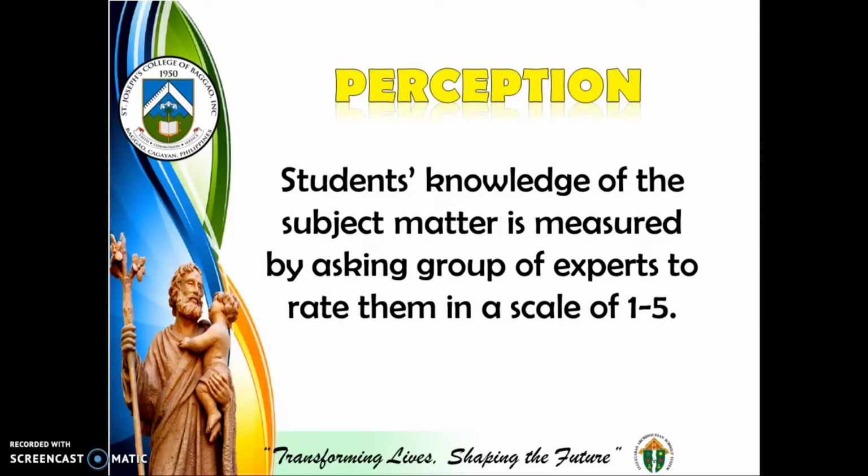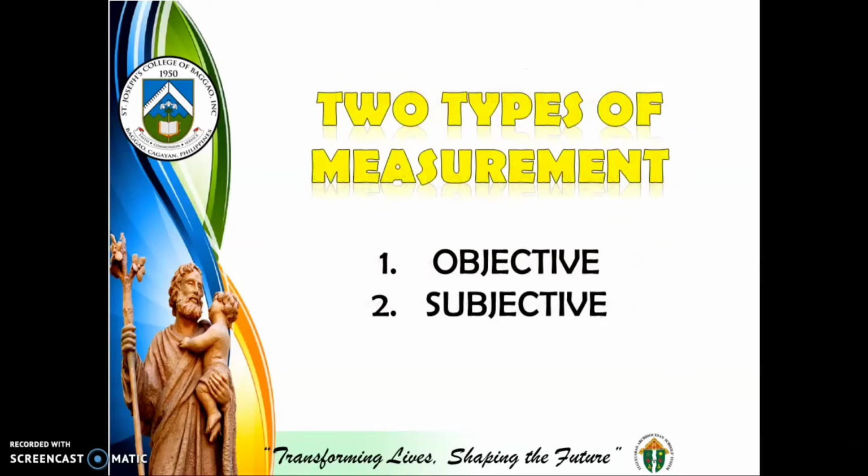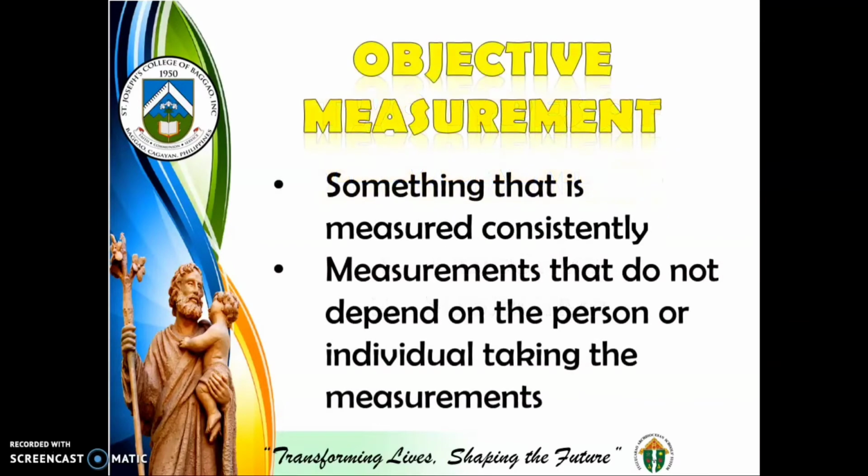Aside from that, please bear in mind that there are two types of measurement, which include objective and subjective measurement. Let us talk about the first type, which is objective measurement, or the testing.